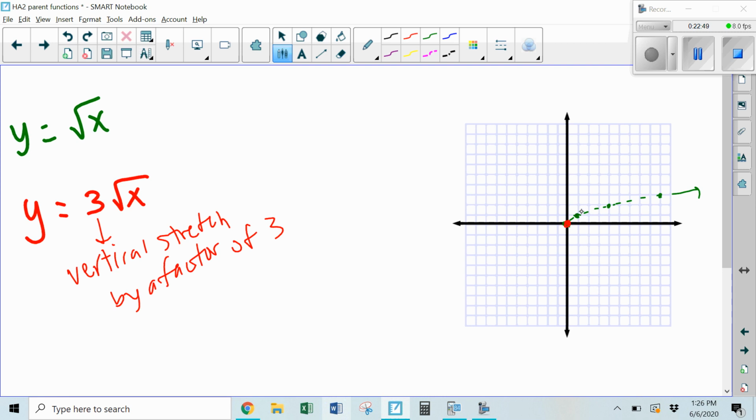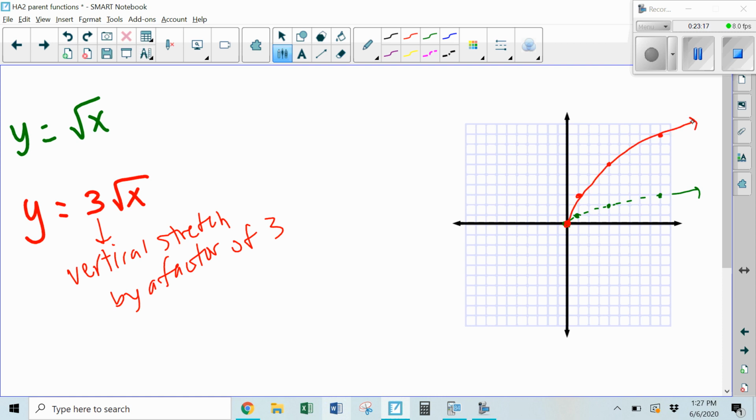This point has a height of 1. What is 1 times 3? 3. This point has a height of 2. What is that times 3? 2 times 3 is 6. This point has a height of 3. Multiply that by 3, you're at 9.